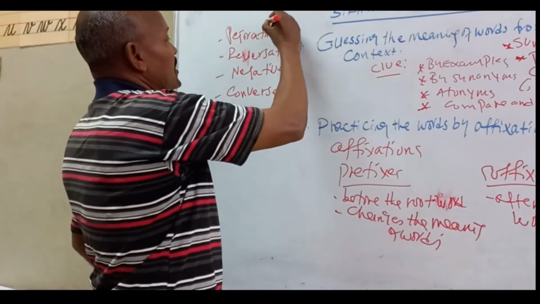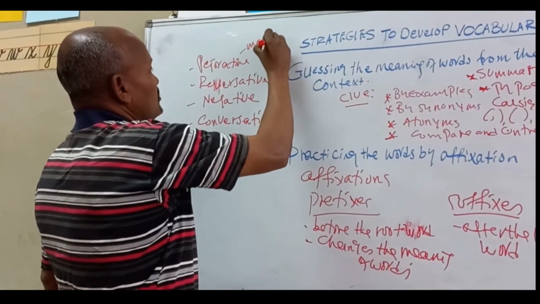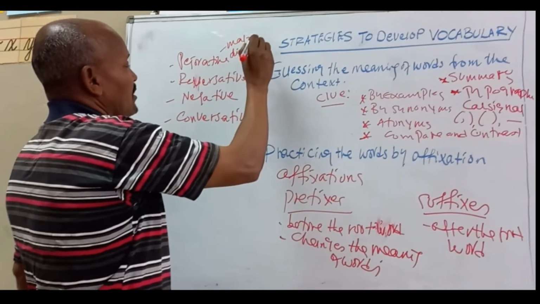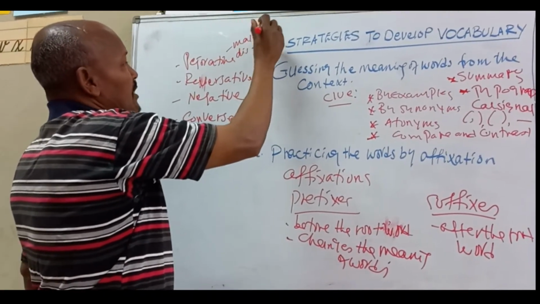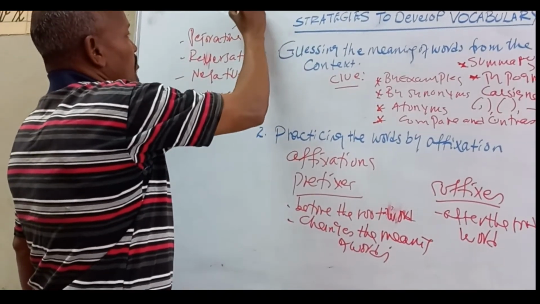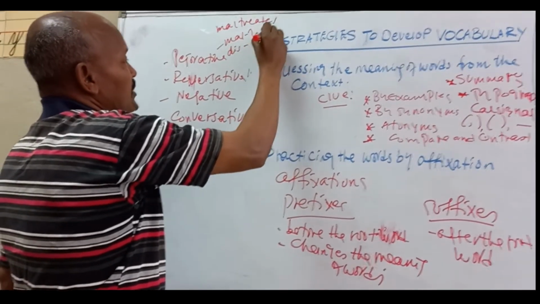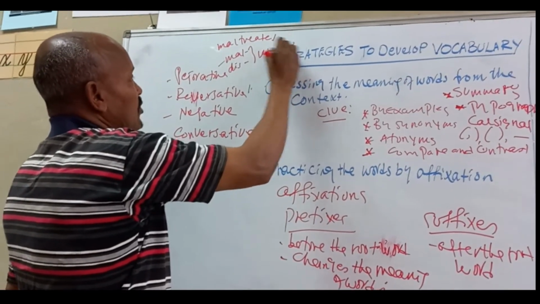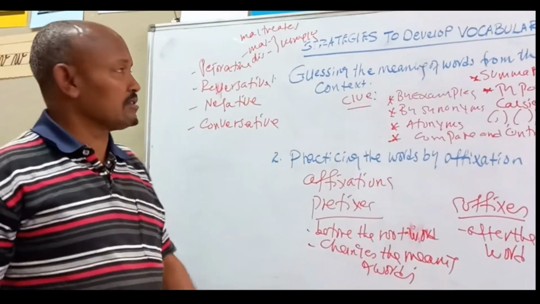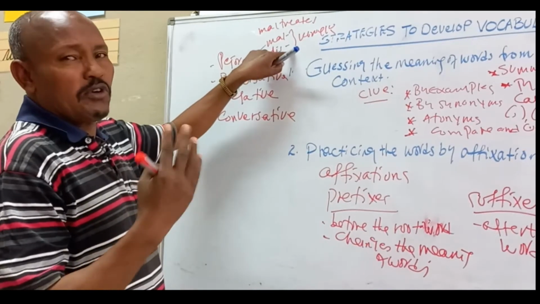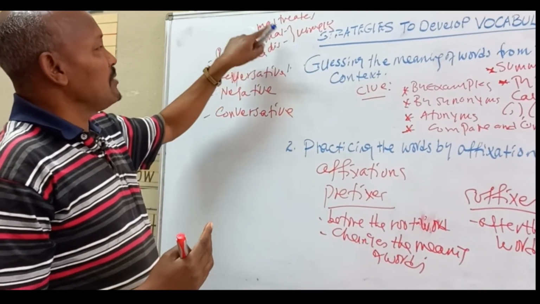Pejorative prefixes, especially mal, is a prefix kind. Example: maltreated. Mal means wrongly, so maltreated means wrongly treated. Malnutrition means wrongly nourished.